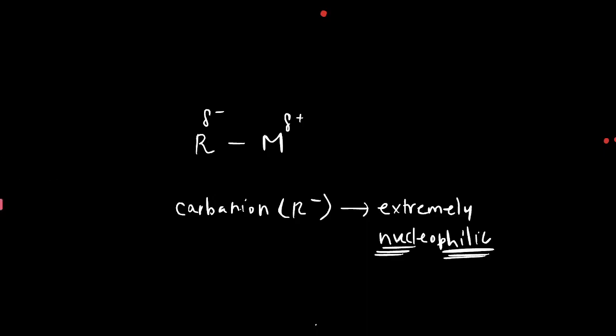So now, what exactly makes them good at attacking carbonyls? Well, the strong nucleophilic nature, right? This high electron density on the R group is going to mean that the carbon bonded to that Mg or that Li carries a partial negative charge. It wants to donate electrons. And now our carbonyls, the carbon in a carbonyl is going to be very electrophilic. Why?